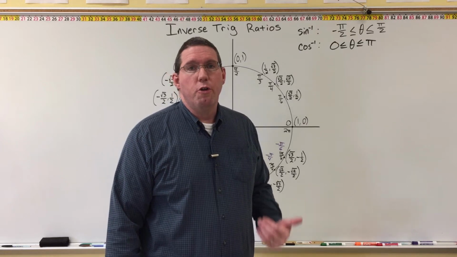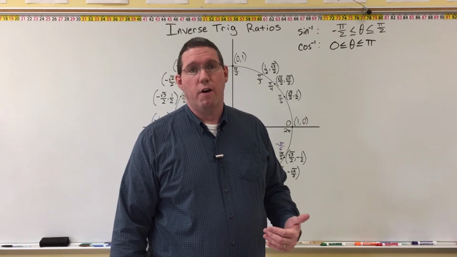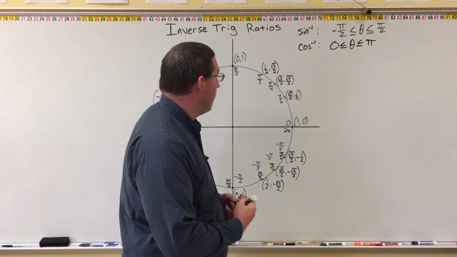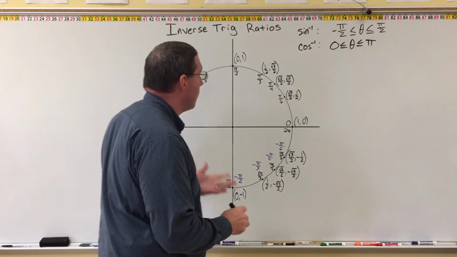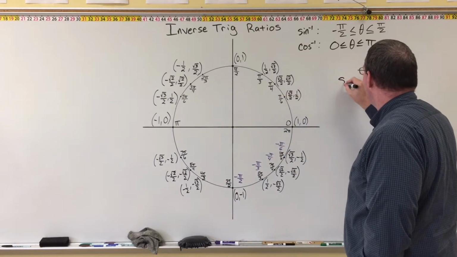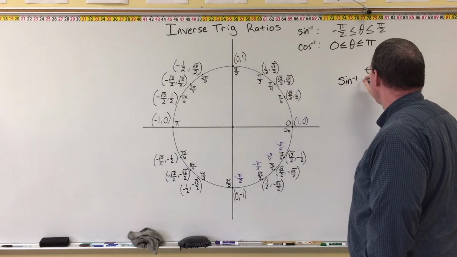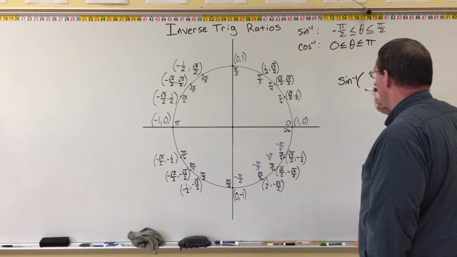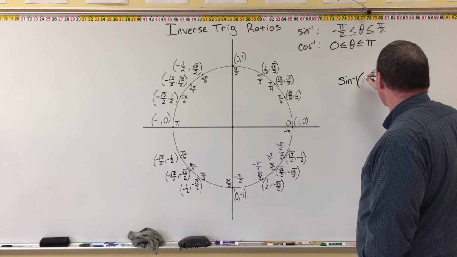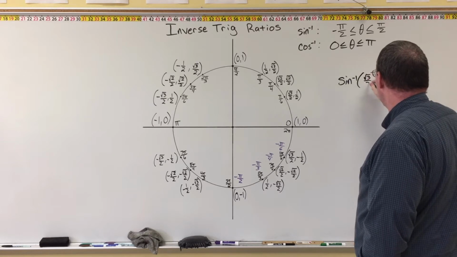All right, so let me show you another way of understanding the idea of finding an inverse, the inverse of a sine. So let's say we have sine inverse of, let's do an easy one, sine inverse of square root of 3 over 2.